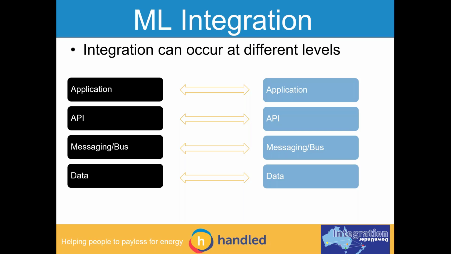And then potentially application to application at some very high level, which could be simply an iframe in a web page with another widget from another application living within there as a tile or as its own single page application. So there's a variety of different ways that we can tackle integration. It's not just one way. So it's always good to be thinking, what's the best way to connect my two worlds together?